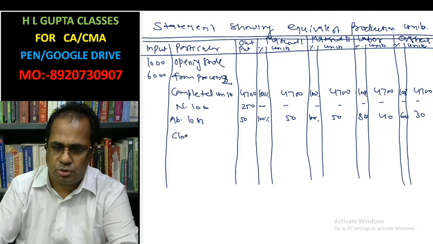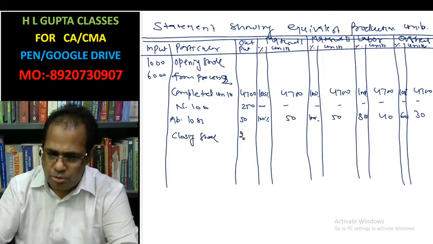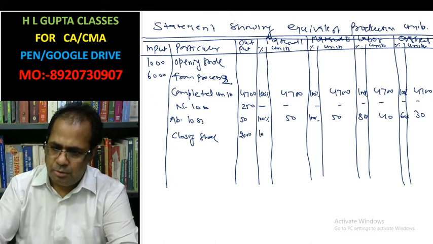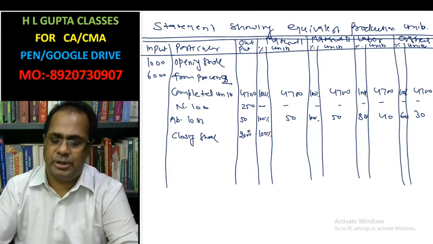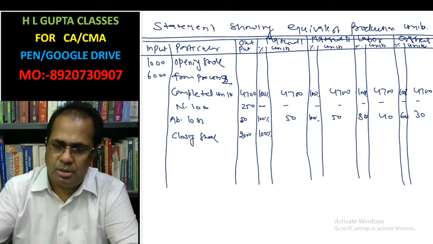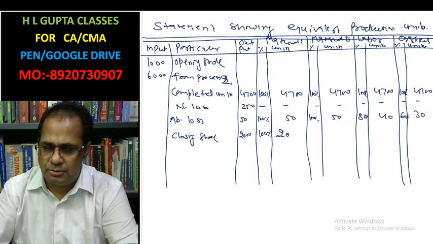Now closing stock. Closing stock is 2000 units. First material is assumed to be 100% if its completion stage is not given. This is 2000.